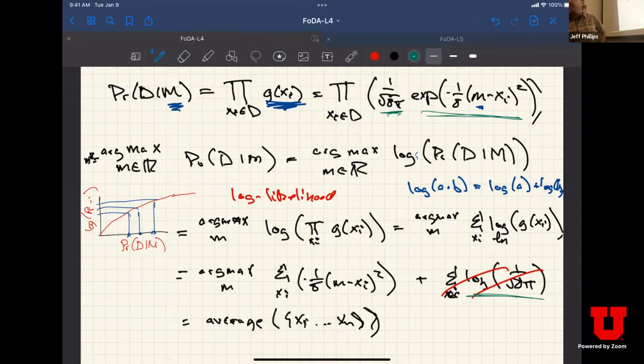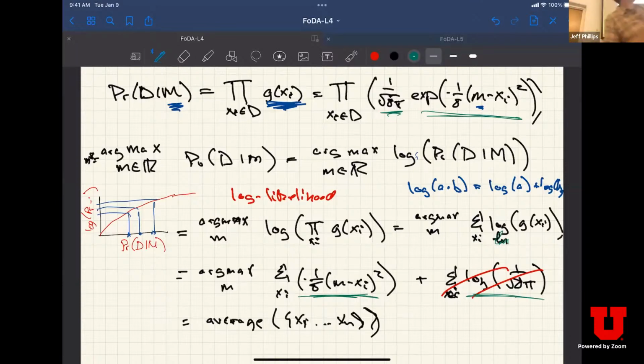The other term has an exponential to start out with. If I choose the log to be the natural log, then the natural log of an exponent, those cancel out, and so the exponent goes away. And this first term here is now negative 1/8 times m minus xi quantity squared.